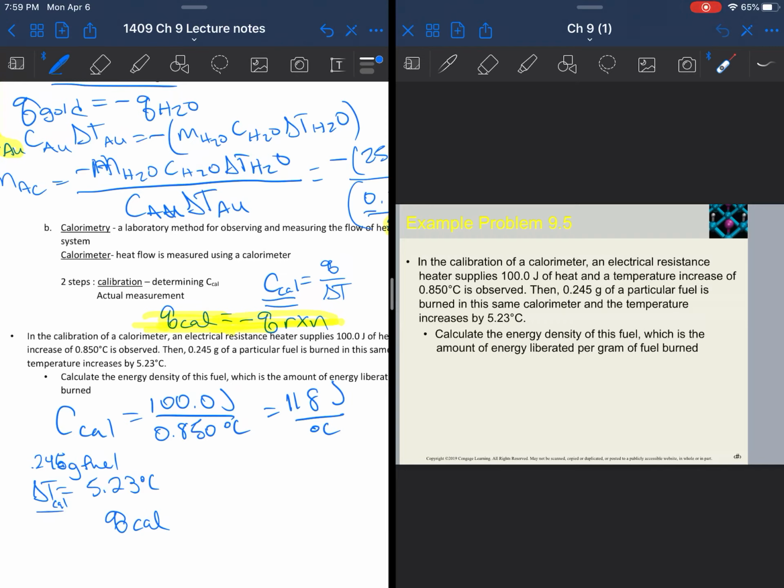All right, so let's think about what we have here. We can figure out Q of the calorimeter in this experiment because we have delta T and we have C-cal.